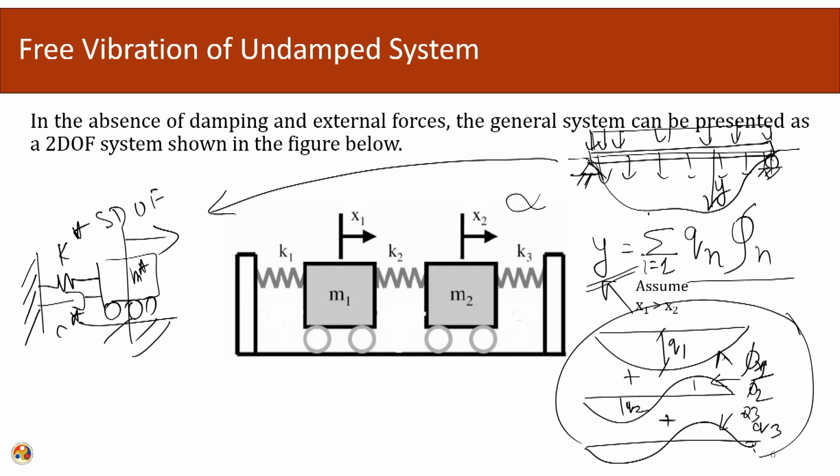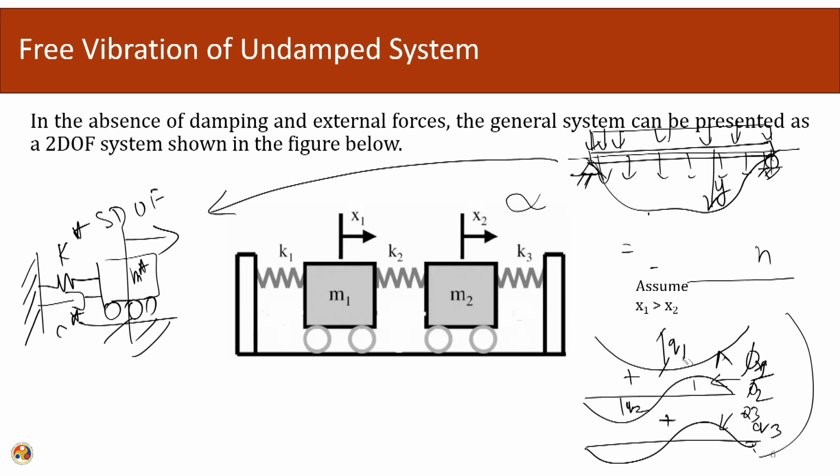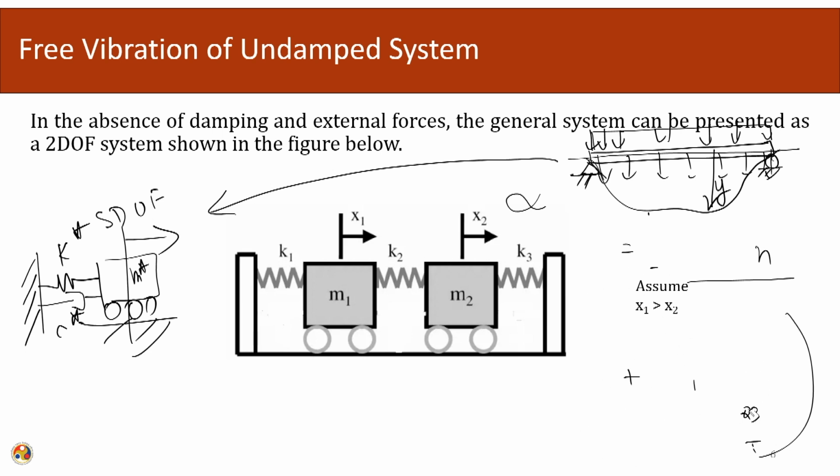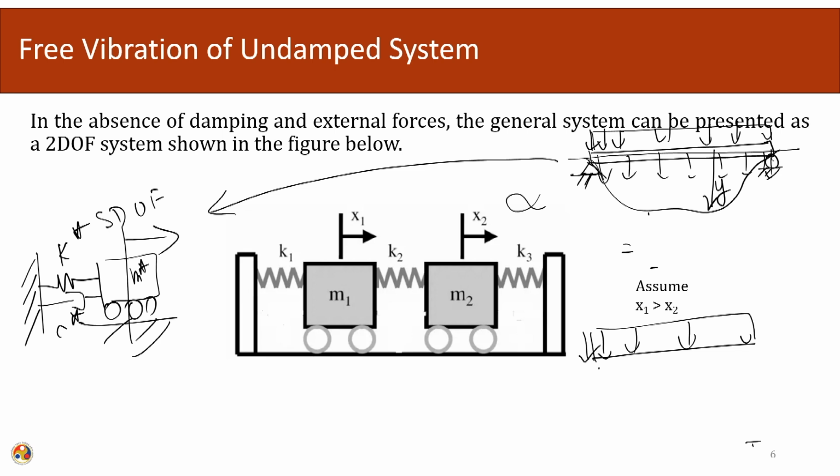Now, if there is a situation where we are interested in the displacement, let us say the maximum displacement, and the system is loaded uniformly like this, we can argue that the contribution of the first mode is maximum.